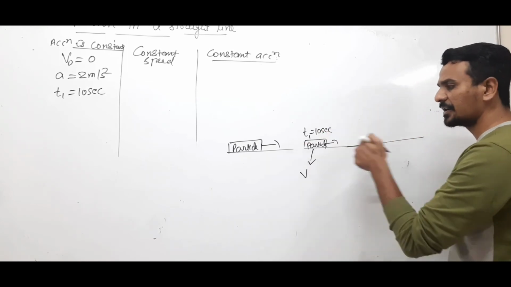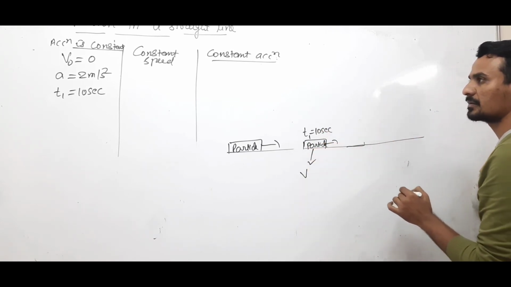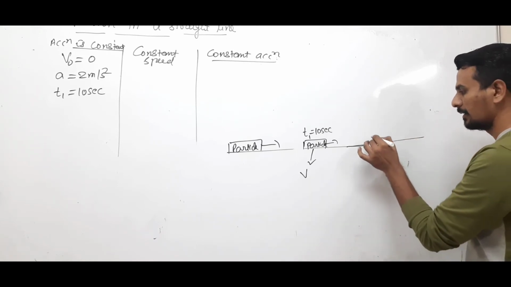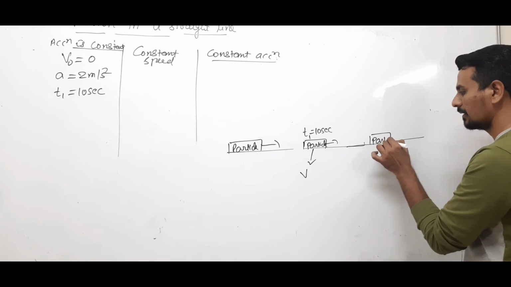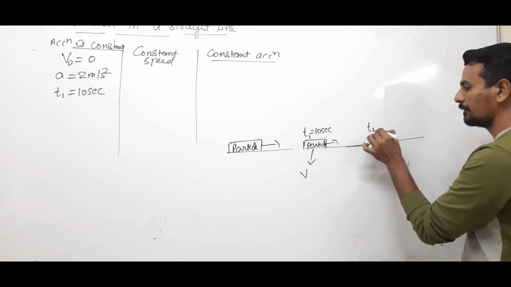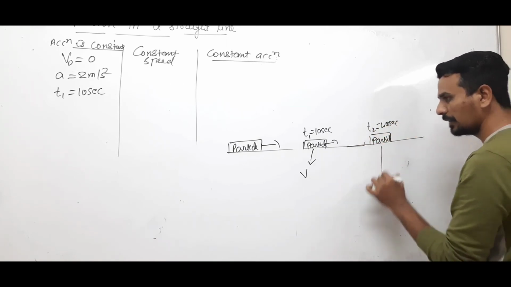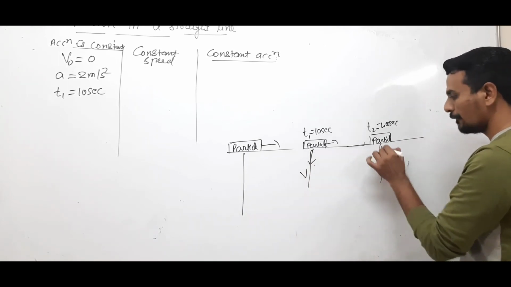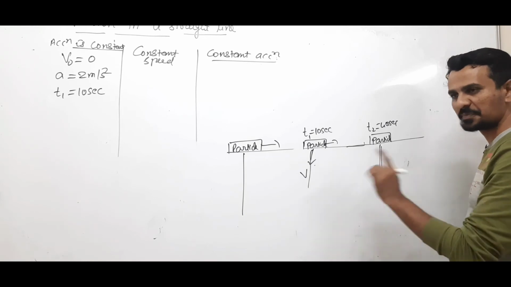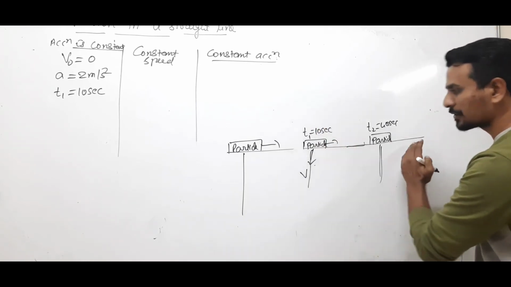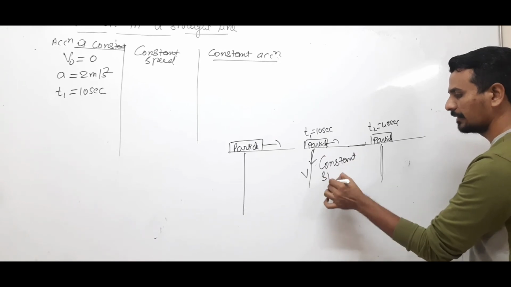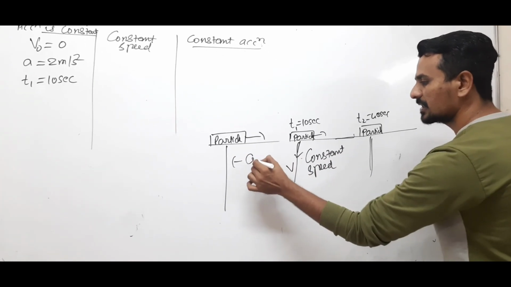It will keep moving with the same velocity up to 30 seconds more, so 10 plus 30, this will be 40. From 10 to 40, that means a span of 30 seconds, it is moving with constant speed. Here constant speed, here constant acceleration.